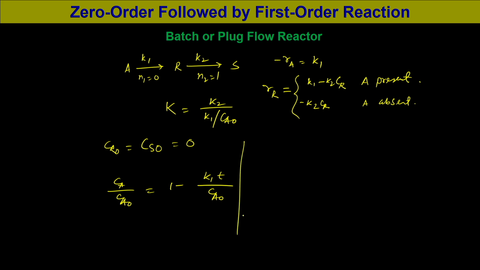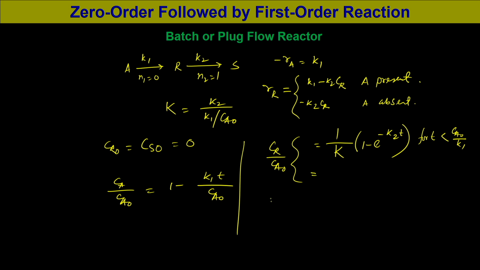Now, CR by CA0 would be equal to 1 by capital K into 1 minus e to the power minus K2 T for T less than CA0 by K1, and this would be 1 by K into e to the power K minus K2 T minus e to the power minus K2 T for T greater than CA0 by K1.